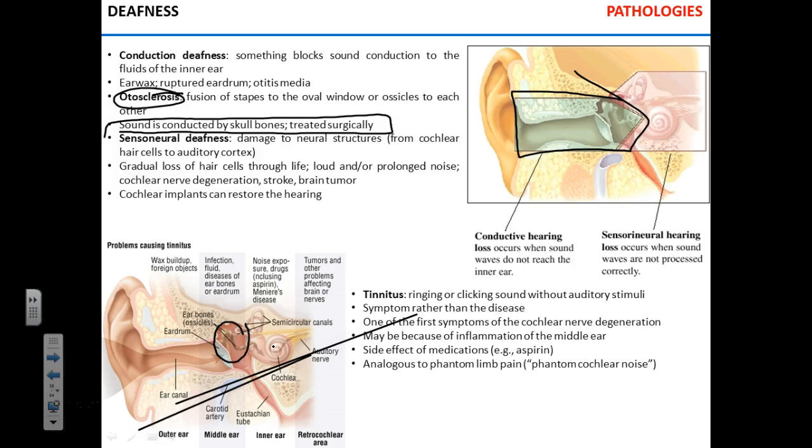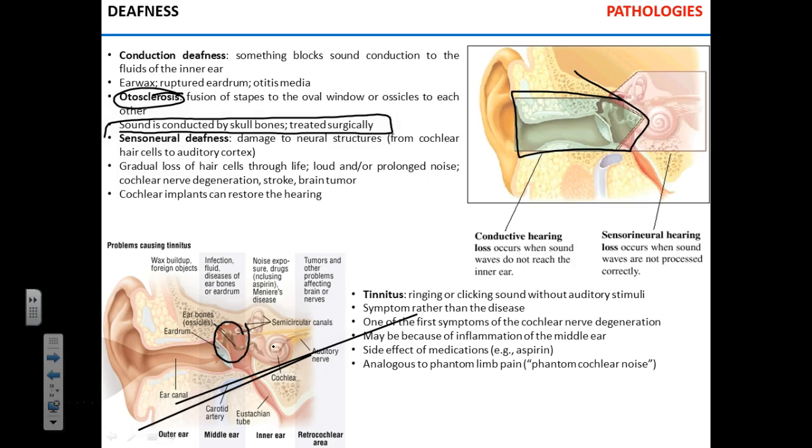Sound is conducted by skull bones, which makes it a little bit deaf and weird. Otosclerosis can be treated surgically. Those bones can be separated. Or if the bones fuse to the oval window, it can be separated. Does that make sense? So any problem in the conduction of the sound all the way to the oval window can cause conduction deafness.